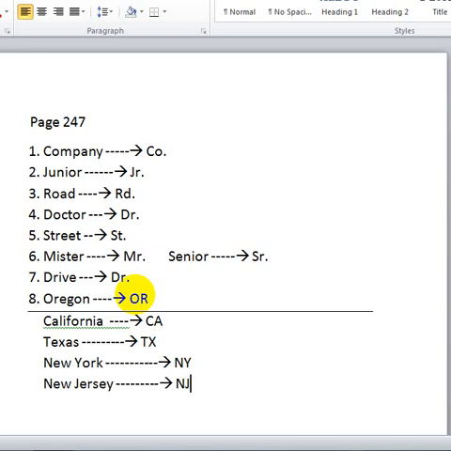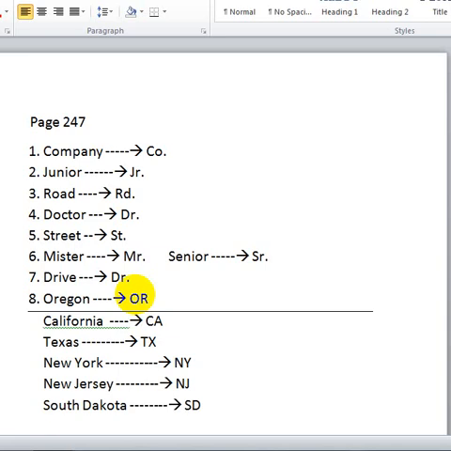Okay, see how it works? Let's try another one. Let's try, for example, South Dakota maybe, right? So we got South Dakota, another state. It's going to be SD.